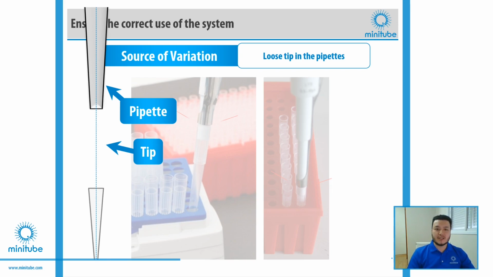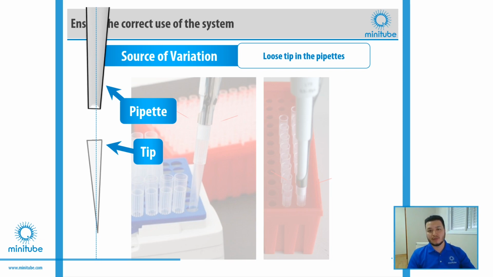So now let's change a little bit the position of both parts to represent when you don't tighten them enough to fit them perfectly between each other. Then, after you aspirate the liquid, you have no control over these leakages. And of course, losing 1 or 2 drops of the sample can represent a big issue for the precision of your results.